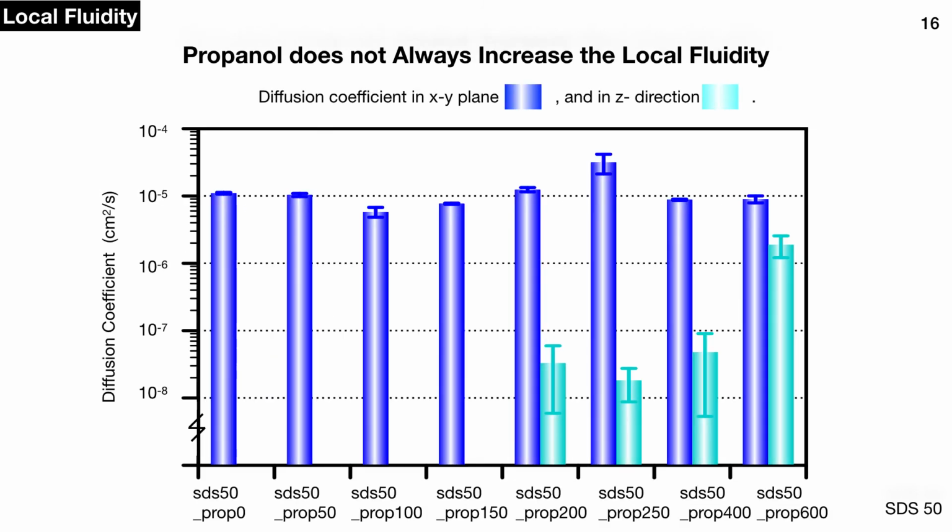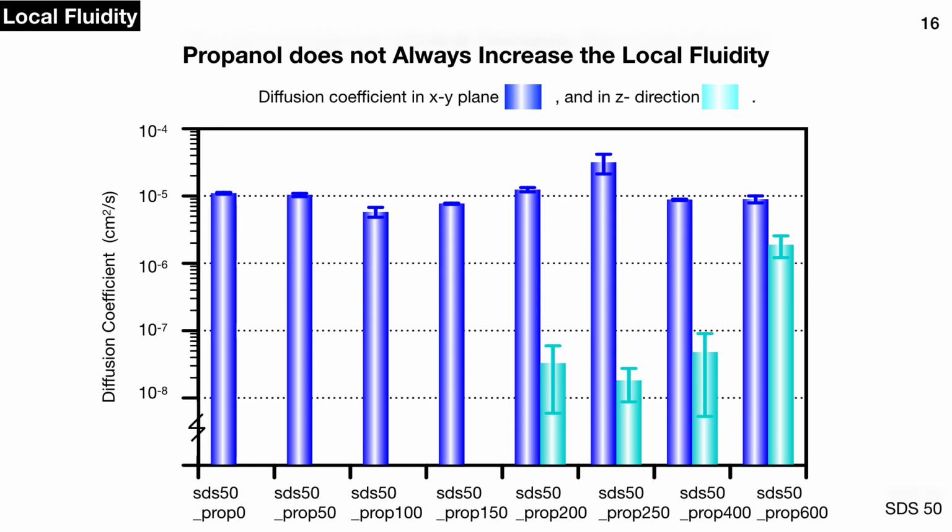We studied the effect of propanol concentration on the diffusion coefficient as well. The blue column represents the diffusion coefficient in the xy plane, and the light blue column represents the diffusion coefficient in the z direction.